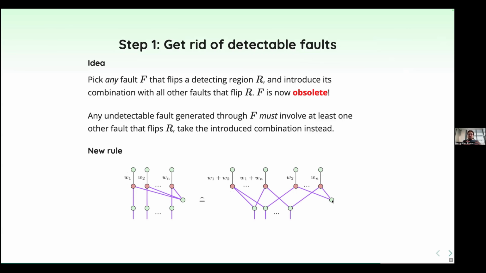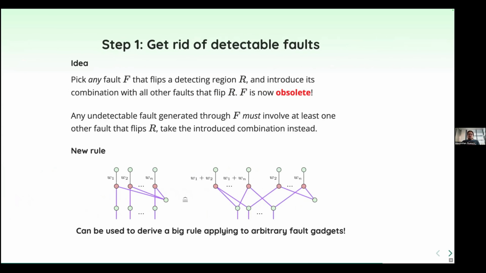So W1 is removed from the new noise model, but at the cost of introducing all these combinations. And this is focused on just the head region of fault gadgets, and we can use it to derive a bigger rule that applies to arbitrary fault gadgets with arbitrary Pauli boxes.